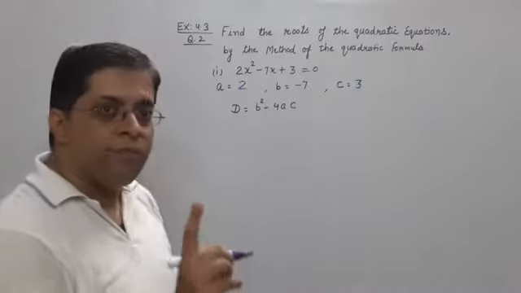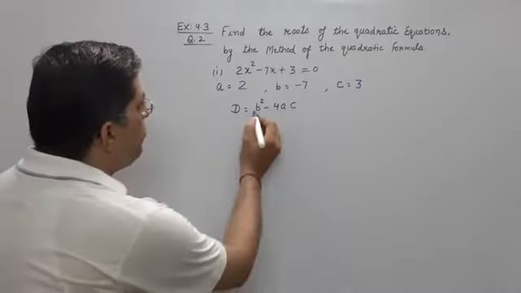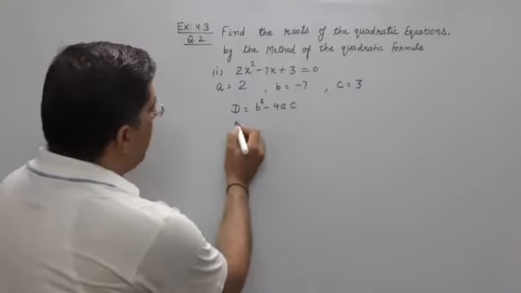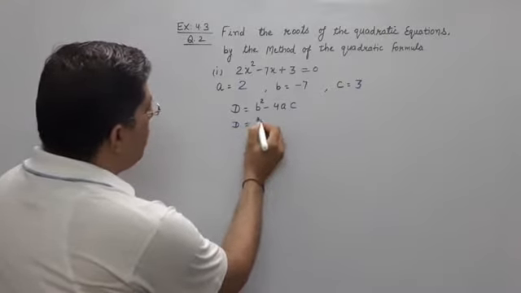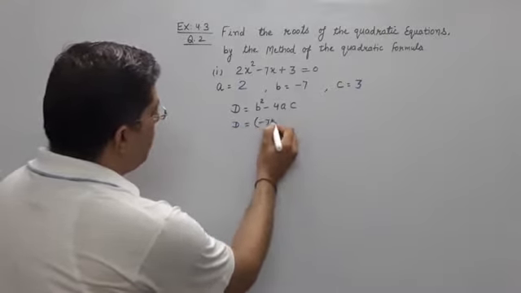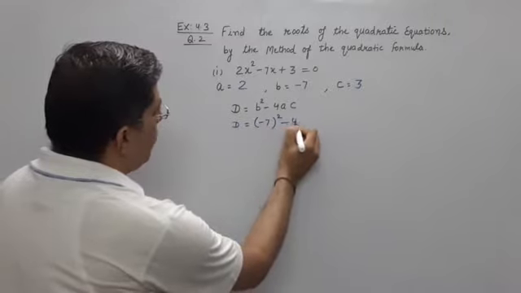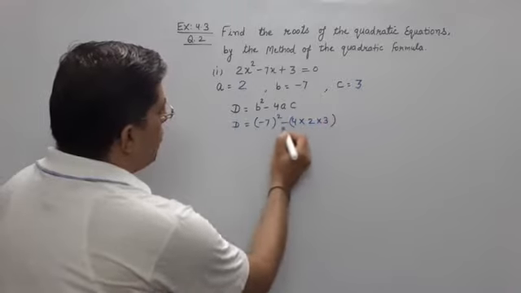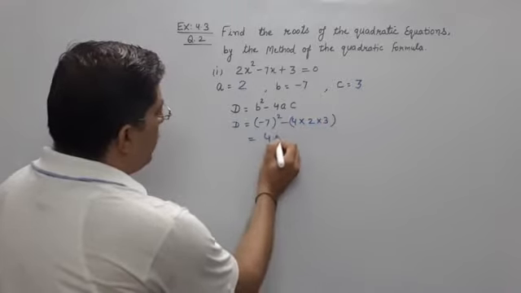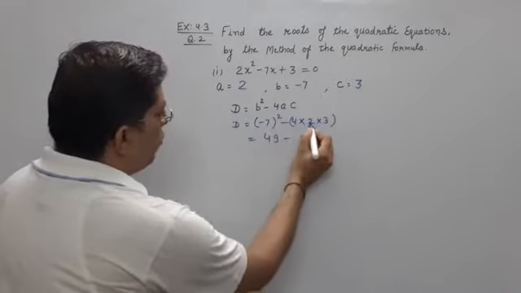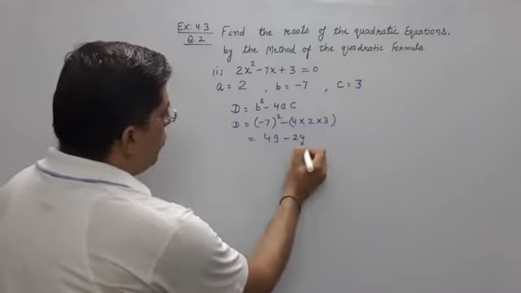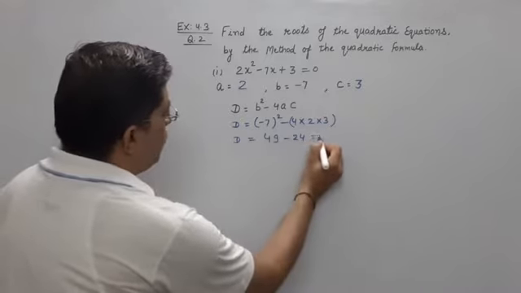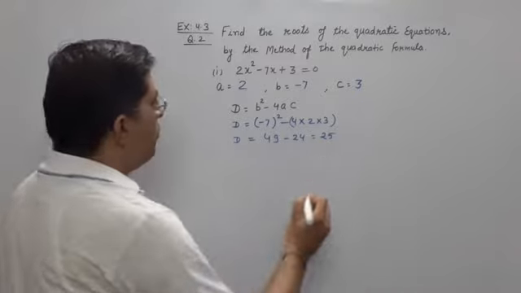Come on. D is equal to b square minus 4ac. Put values. b is minus 7, a is 2 and c is 3. 49 minus 4 times 2 times 3. 4 twos are 8, 8 threes are 24. 49 minus 24 is 25.